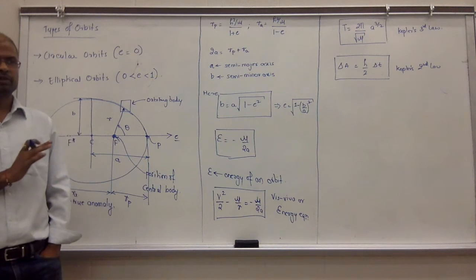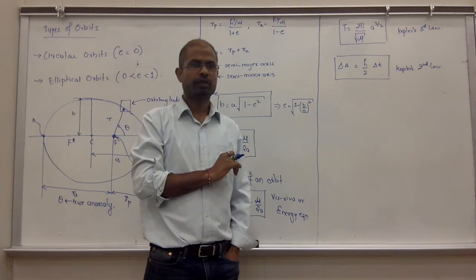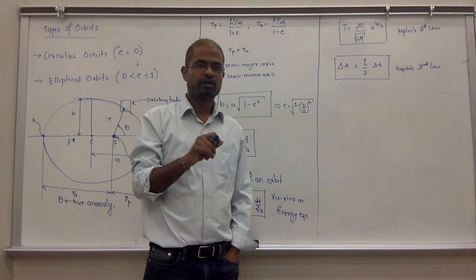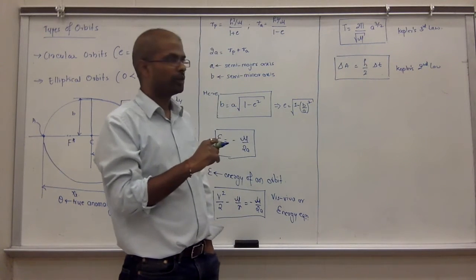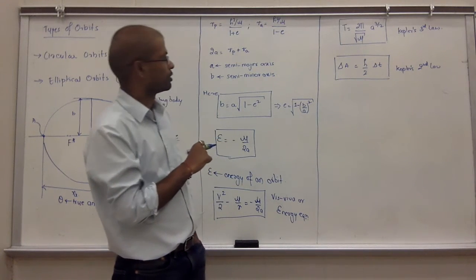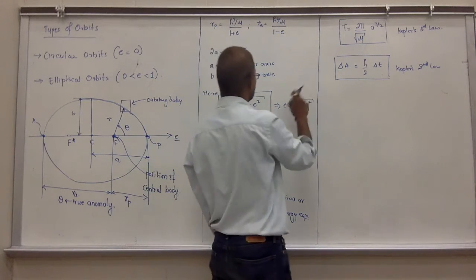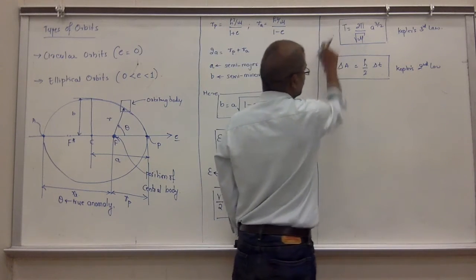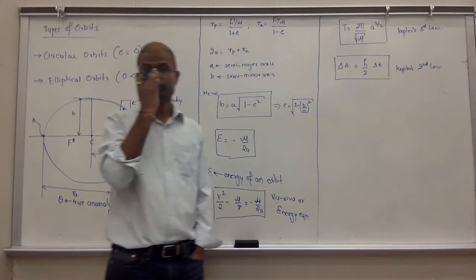Kepler's law was specifically stated for an ellipse, right? That is what his first law said, that planets orbit around the sun in ellipses. A circle is also an ellipse. So if you look at this, you can apply this first law, second law, third law. How's it so?